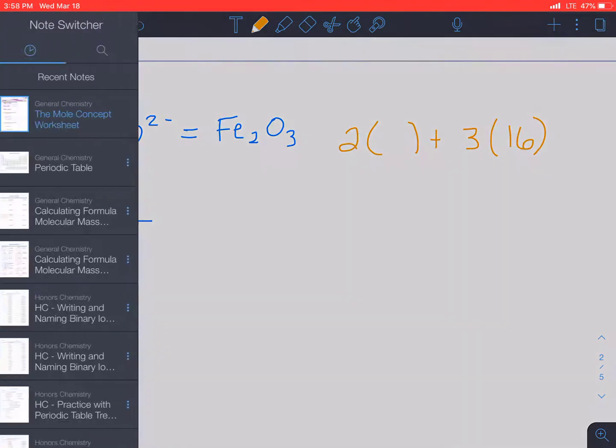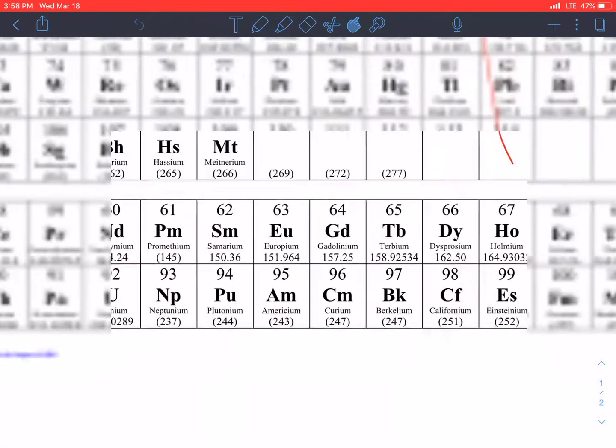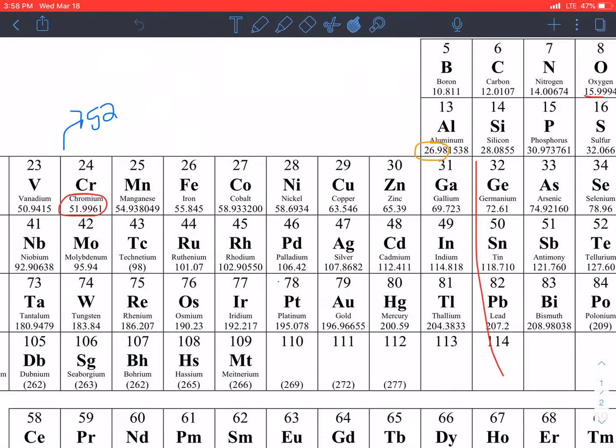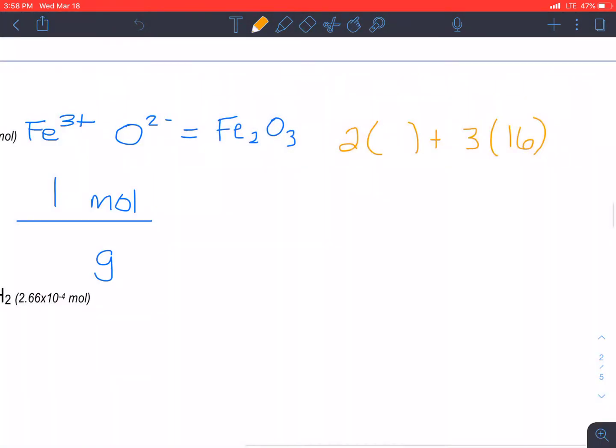So let's figure out what the mass of iron is real quick. Iron, if you go over to our periodic table, it is 56. Okay, so 2 times 56. So to get the total mass, we do want to type that into our calculator.